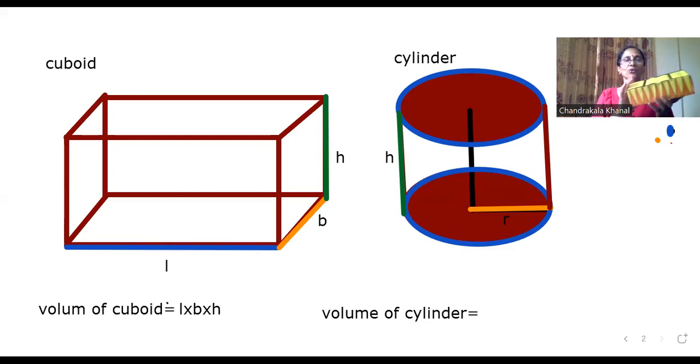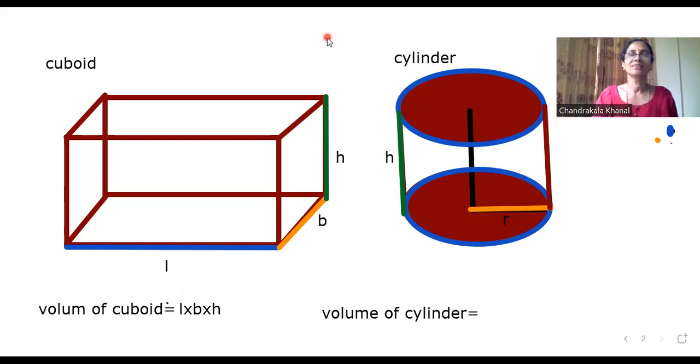We already know the volume of cuboid. Do you know what is the volume of cuboid? I think all of you know this. This is length times breadth times height. With the help of volume of cuboid, we can find the volume of cylinder.